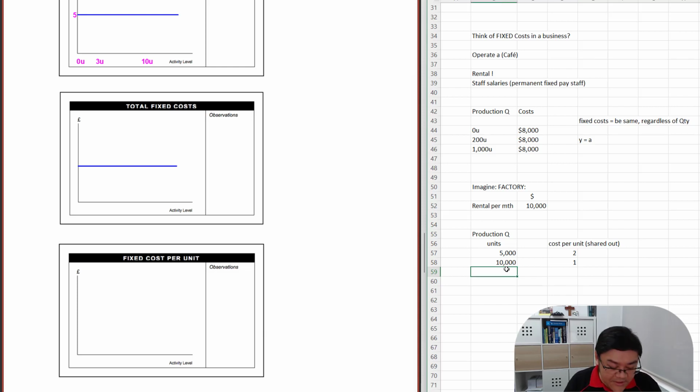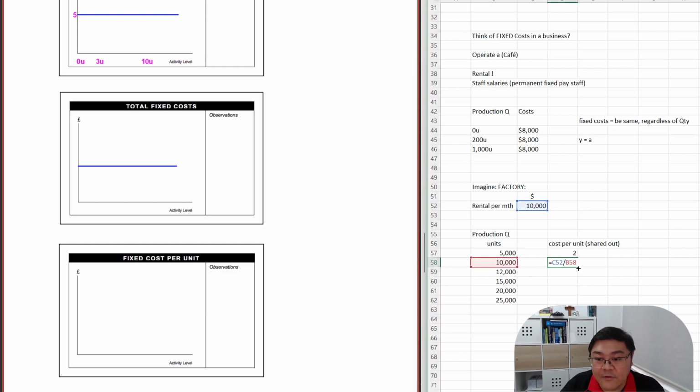Can you imagine if I increase it to 12,000 units, 15,000, 20,000, 25,000? The moment I keep on producing more and more, you realize that the cost will go down, right?